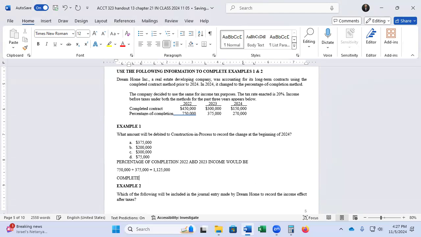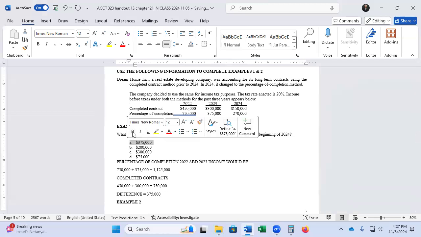Under completed contracts, 450 plus 300,000 equals 750,000. So the difference equals $375,000. And so that answer is A.